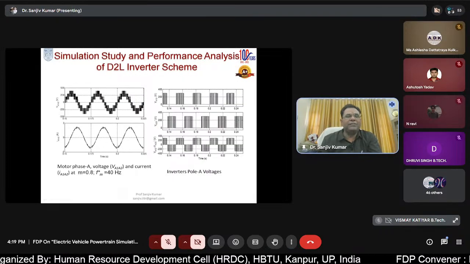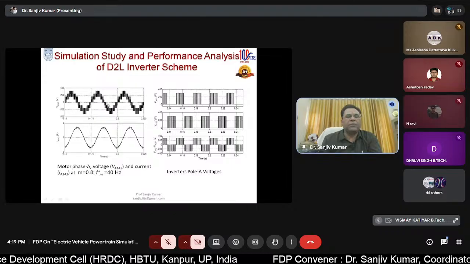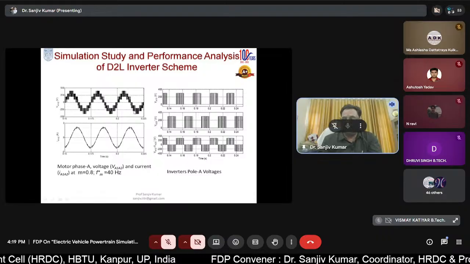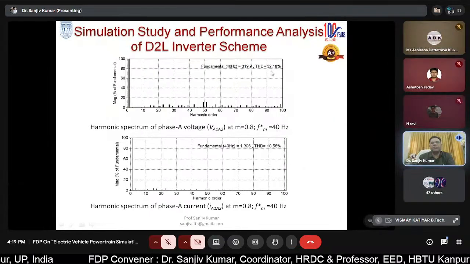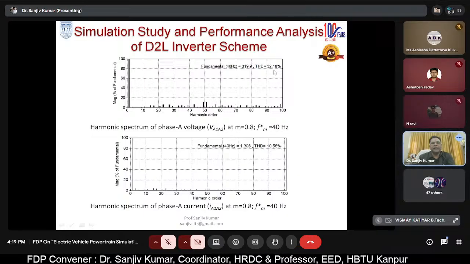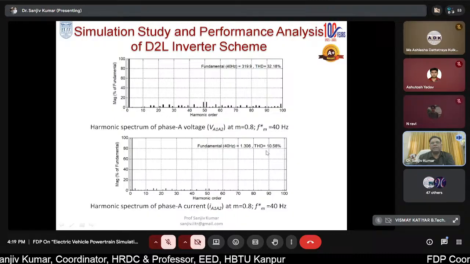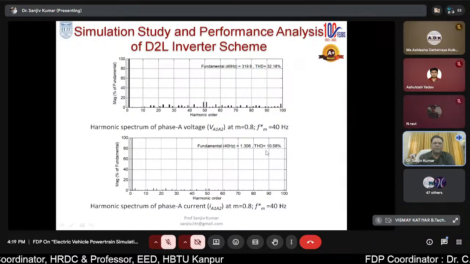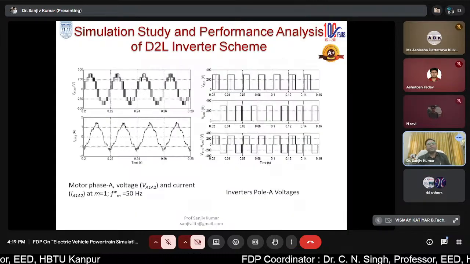Now as you increase, you can see the waveform is improved, and now it is operated as a 3-level inverter at 40 hertz, and the THD is drastically reduced to 32.18. And if we talk about the current THD, it is only 10.58%, but still it is quite high as per the IEEE 519 standard.